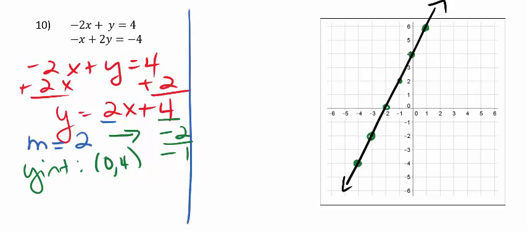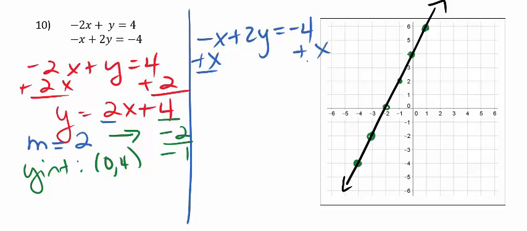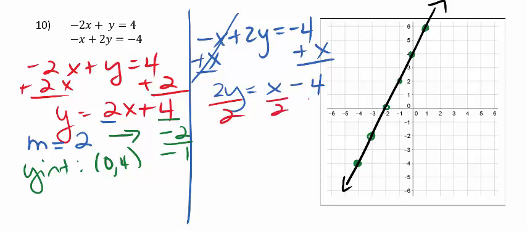Now I'm going to take the second equation of negative x plus 2y equal to negative 4, and I'm going to solve for y. I do that first by moving this minus x over to the other side. I add x to both sides, and I get 2y is equal to x minus 4. And then I have to divide everything by 2 to get y by itself.